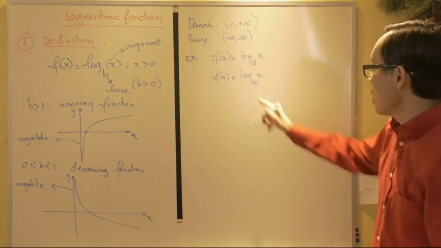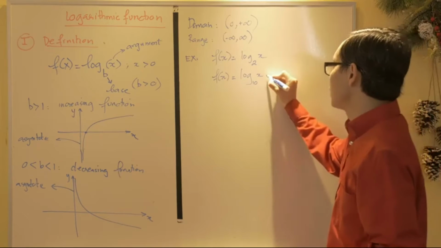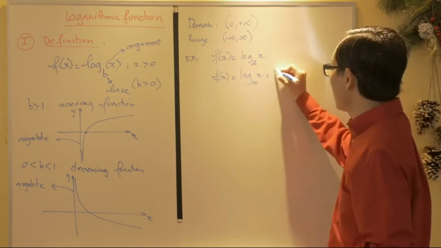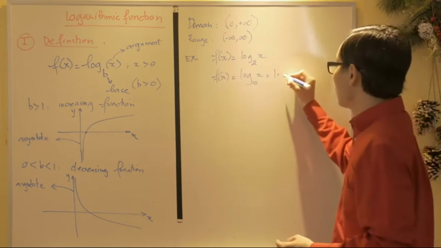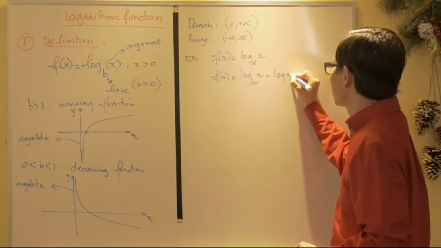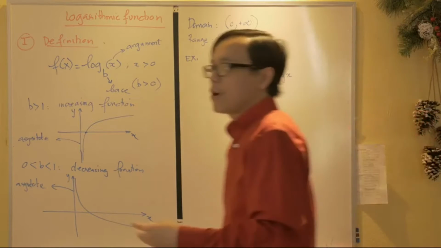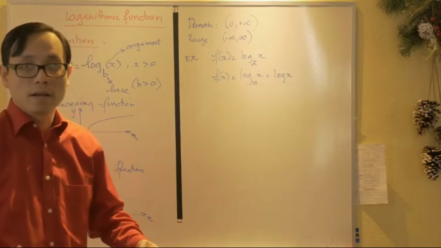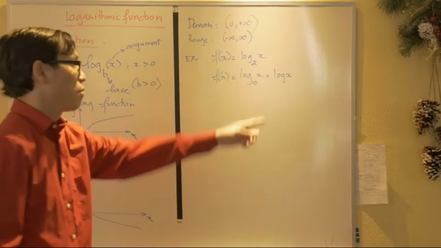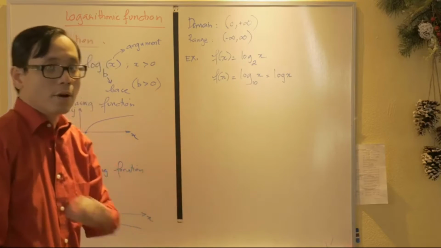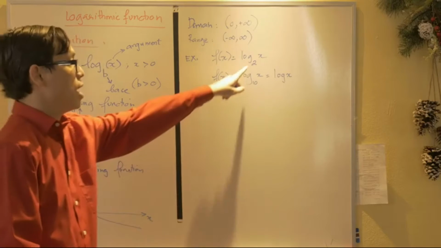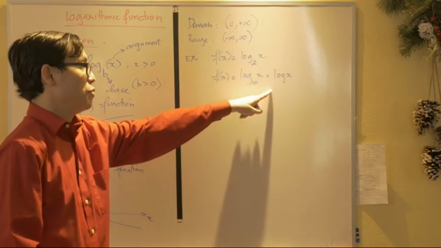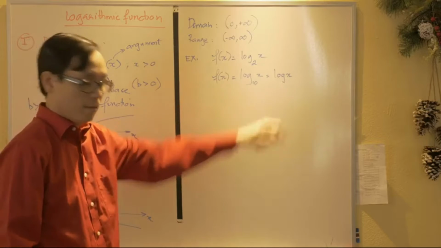Every time you have log base 10, you can throw away the base and write it as log x. So every time you write log x, mathematically it means log base 10. So don't ever miss the base unless you mean log base 10.